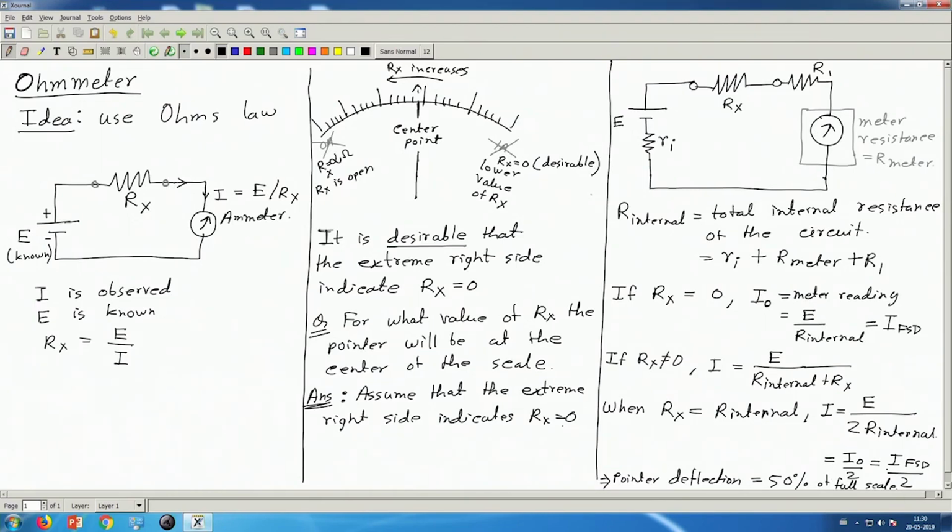So, the pointer will be here at the center.